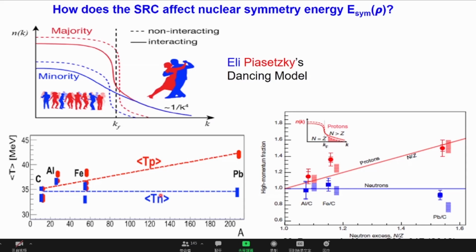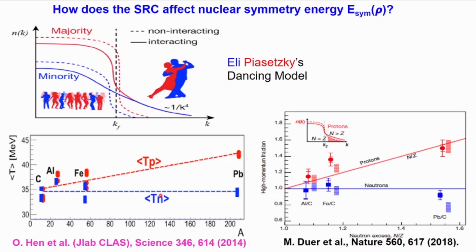This is kind of opposite to what we normally think in terms of a shell model, where you fill nuclear shells all the way to the Fermi surface, and neutrons occupy a higher Fermi surface than protons. But this short-range correlation just turns over this picture, giving you a higher average kinetic energy for protons than neutrons. So you can imagine this will affect the symmetry energy.